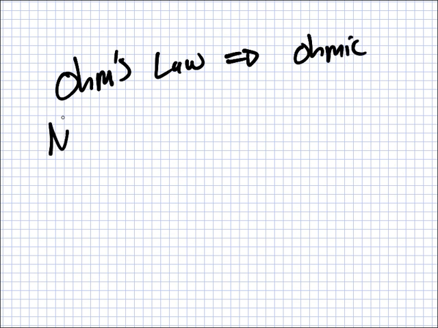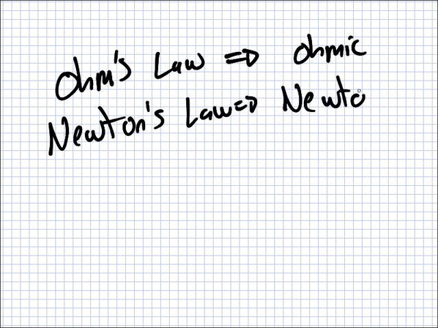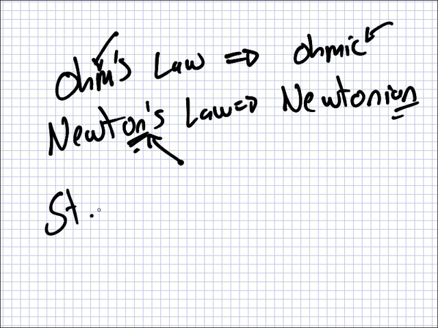If you obey Newton's law, then you're, sadly not, Newtonic. It's a different one depending on how it ends. If it ends in an N, then it's IAN. If it ends with an M, then it's IC. So for example, my name, if I had a Stephen's law, Stephenian. Okay, do you understand?